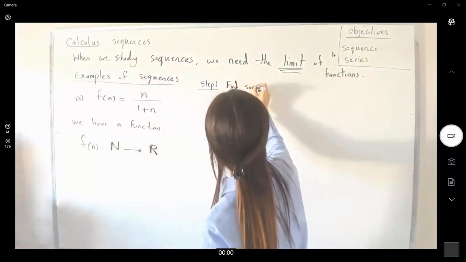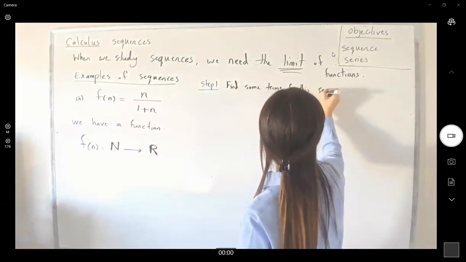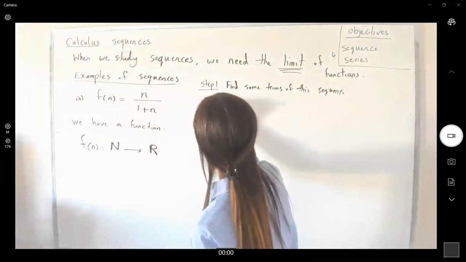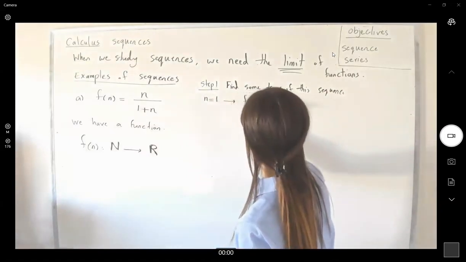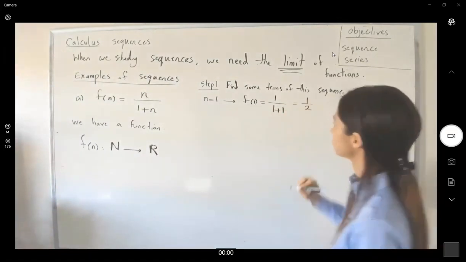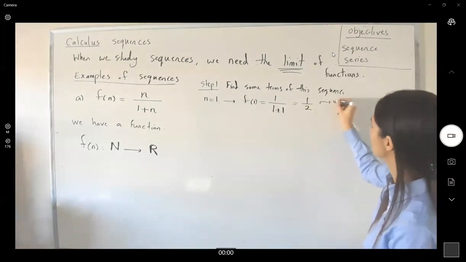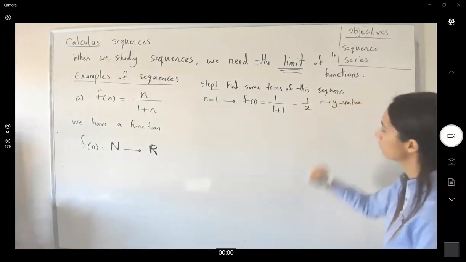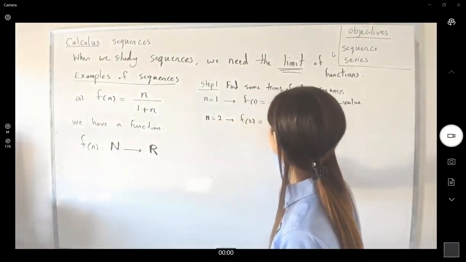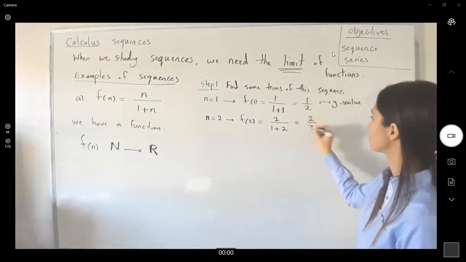Find some terms of this sequence. So n is equal to 1. It means that f of 1 is 1 over 1 plus 1, or a half. Next term, so this is your first y value. N is equal to 2. You get f of 2, which is 2 divided by 1 plus 2, or 2/3.